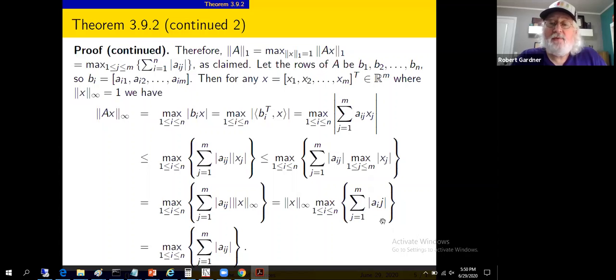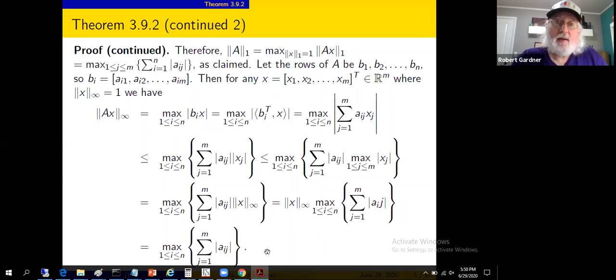And the stuff we're left with is the sum from j equals 1 to m of a sub ij, absolute value of. That's what we were looking for. Remember, the L infinity norm of x was chosen to be 1. Drop it. And we've got the L infinity norm of Ax, where x is a unit vector with respect to the L infinity norm, is less than or equal to this quantity.